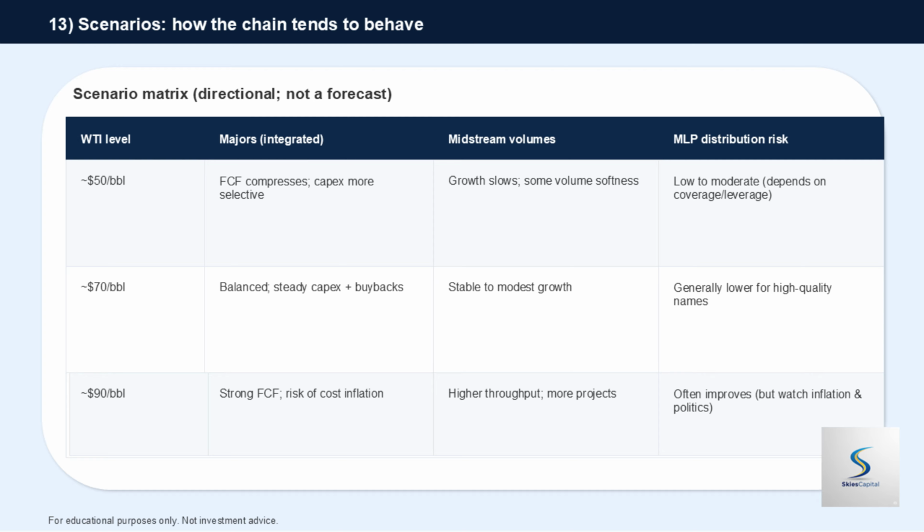Around $70 a barrel oil, things tend to balance. Steady capex, steady buybacks, and midstream volumes are typically stable or modestly growing. Around $90 a barrel oil, majors generate strong free cash flow.